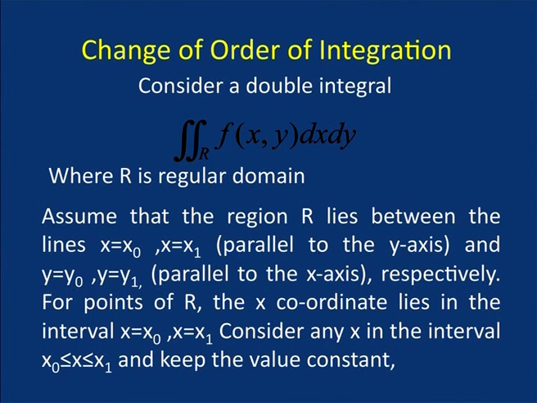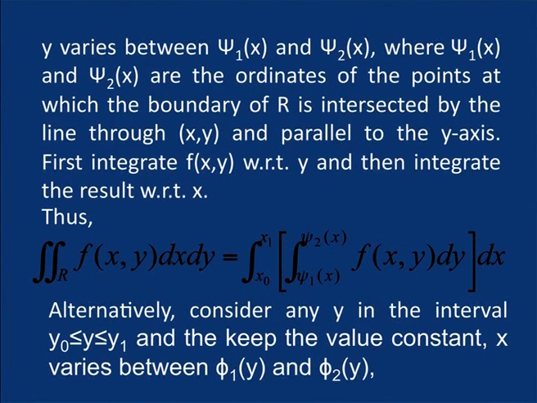Consider any x in the interval x₀ to x₁ and keep the value constant. y varies between ψ₁(x) and ψ₂(x), where ψ₁(x) and ψ₂(x) are ordinates of the points at which the boundary of R is intersected by the line through (x, y) parallel to the y axis. First integrate f(x,y) with respect to y and then integrate the result with respect to x.